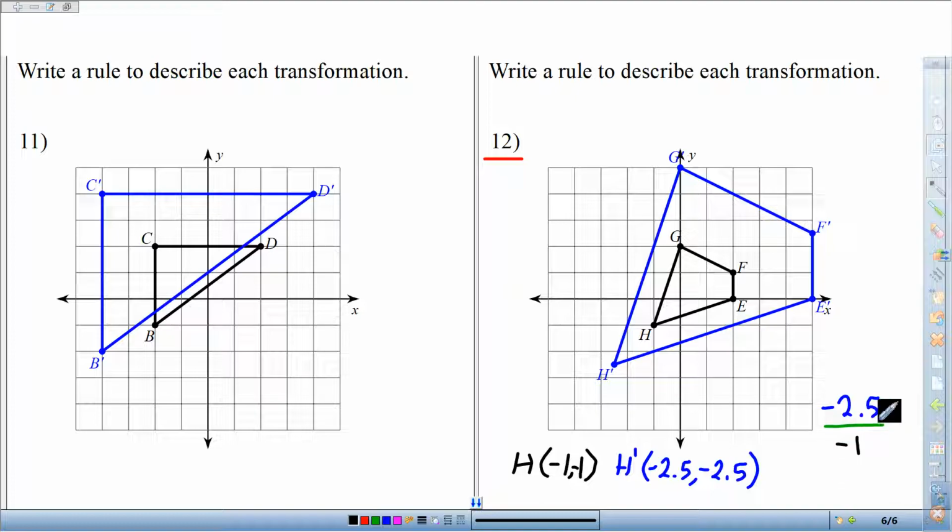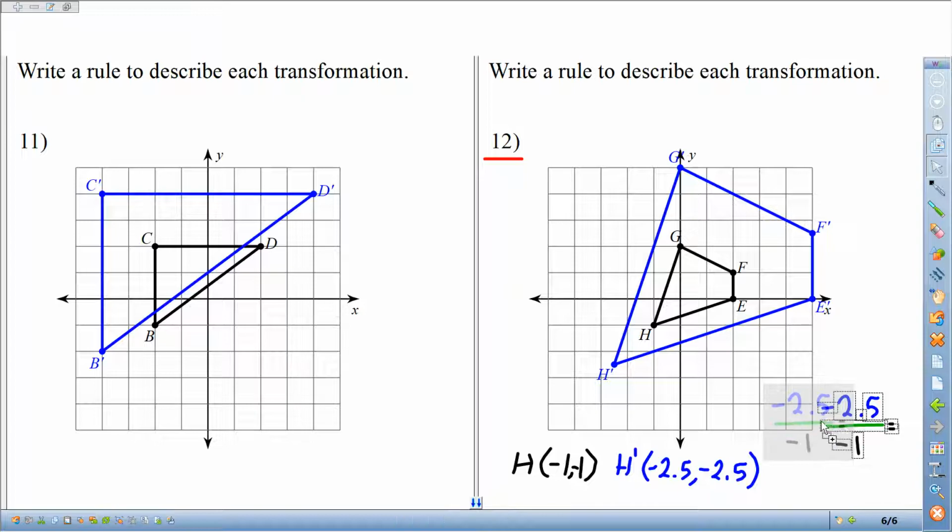Negative 2.5 divided by negative 1. If you typed it into a calculator or did it in your head, you would get 2.5. I'll put it to the right. So this is giving me 2.5, and that is my scale factor.